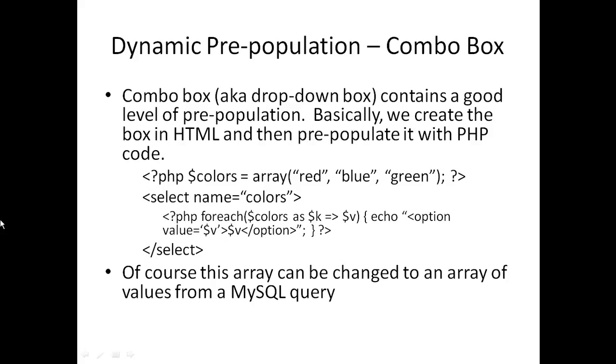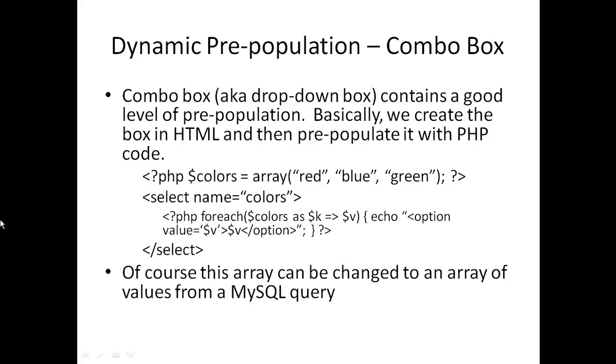And then inside of the select tag, we put an open and close PHP tag with a foreach loop. Foreach, colors being the array, as key pointing to value, echo, and what we're now doing is we're going to echo the HTML for the option tag that gets nested within the select.